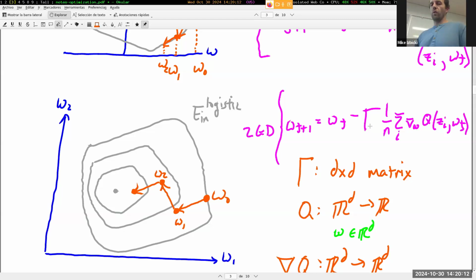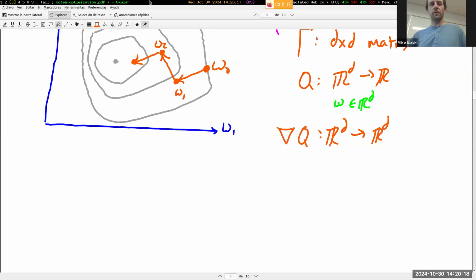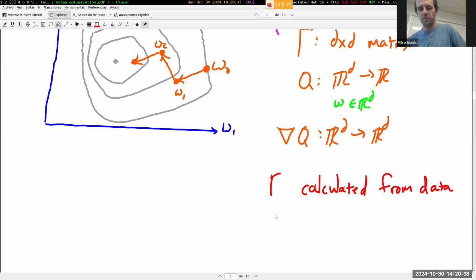Now the question is, why might we want to do this? Essentially, gamma is going to be calculated from the data, and it is going to give us somehow the optimal value of eta or lowercase gamma.